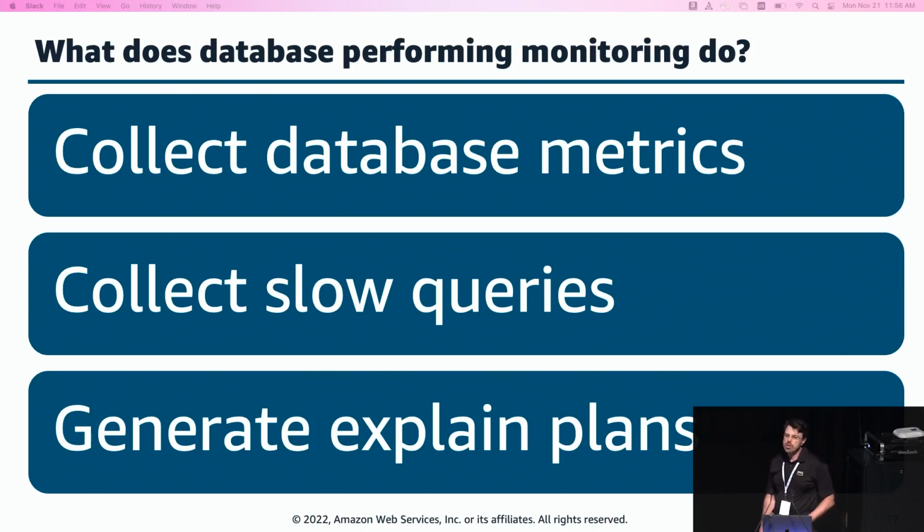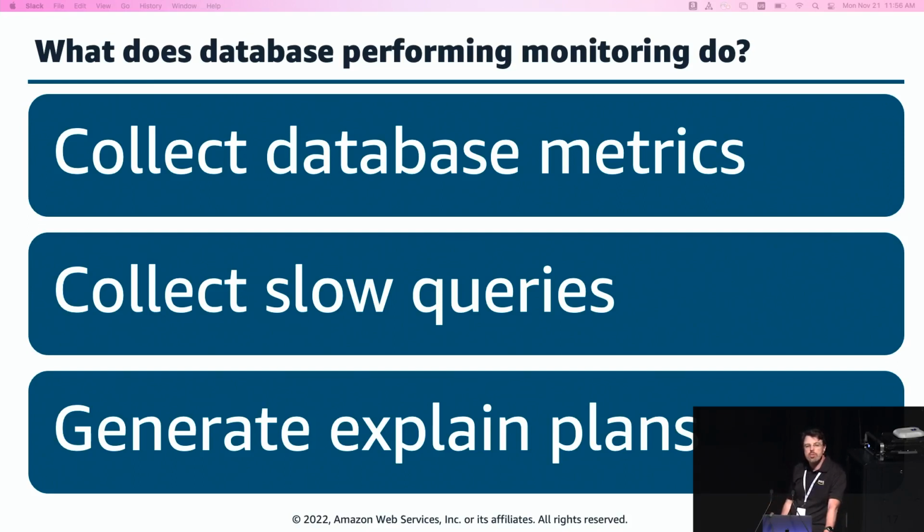So what does this user do, and what are the systems that this user is used for, right? MySQL and other databases sometimes have another system which is called database performance monitoring. Performance monitoring collects the database metrics, collects the slow queries, and generates explain plans.